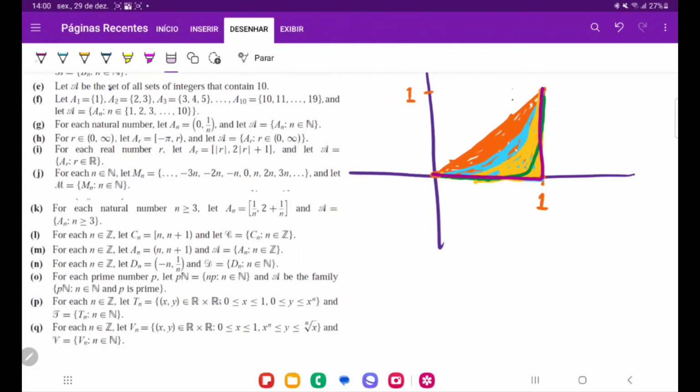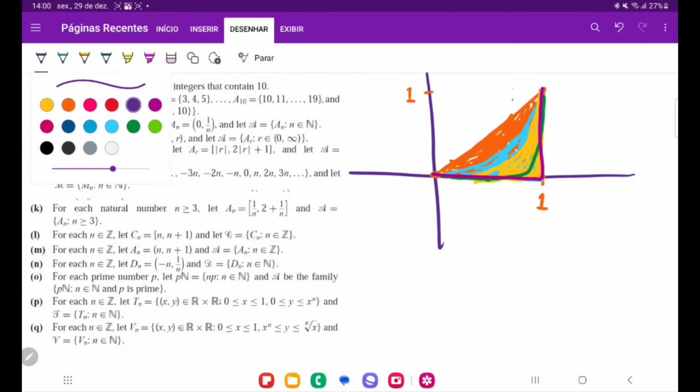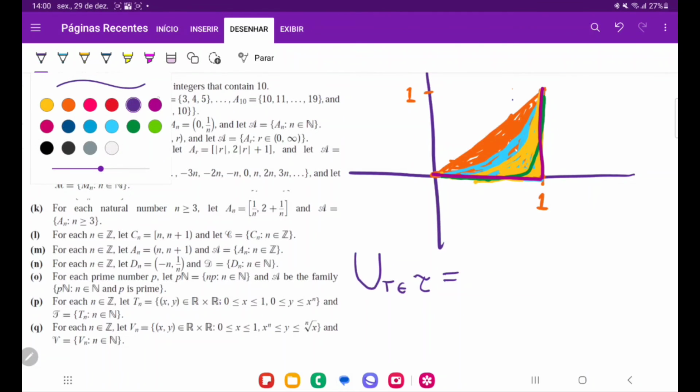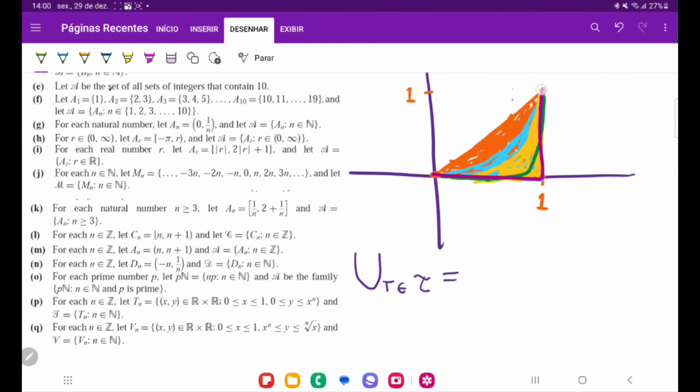First, let's do the union. So the union over t belonging to T, that's going to be every single value that it can take. And we can see here that the biggest shape that it could have, the biggest area, is pretty much going to be all the stuff that is in this triangle here, right? So this is the union. It can take all the values that are contained in that triangle.